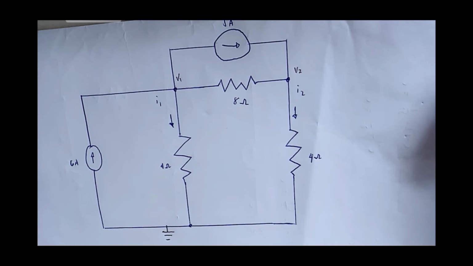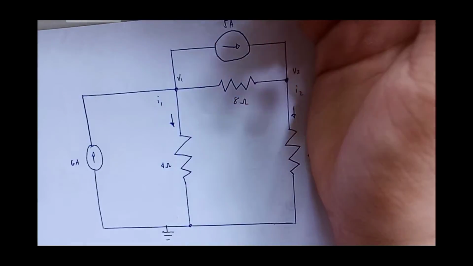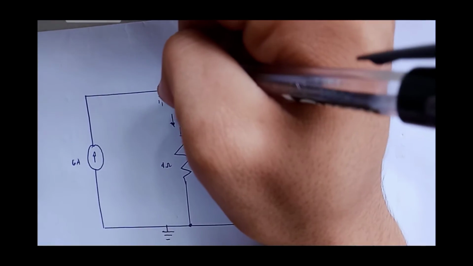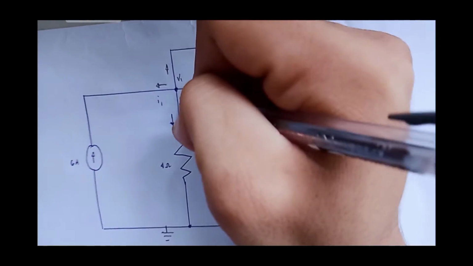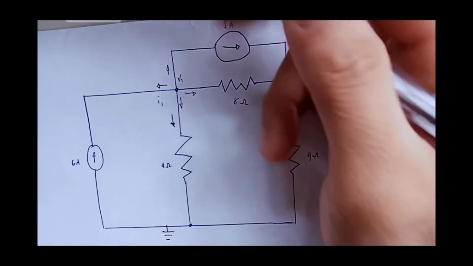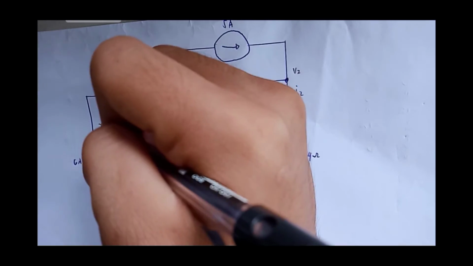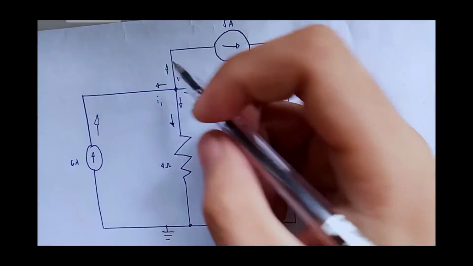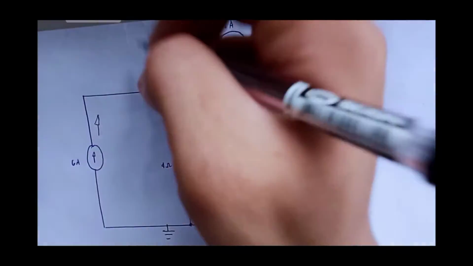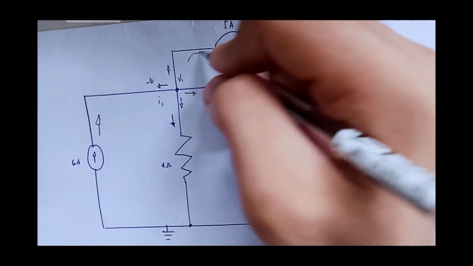And the next step is we're going to apply KCL. We start at node number 1. We have the 6 amps, and the direction of the 6 amps is not mentioned, so it will be -6.